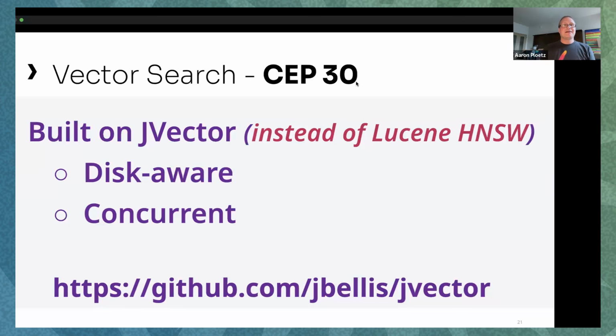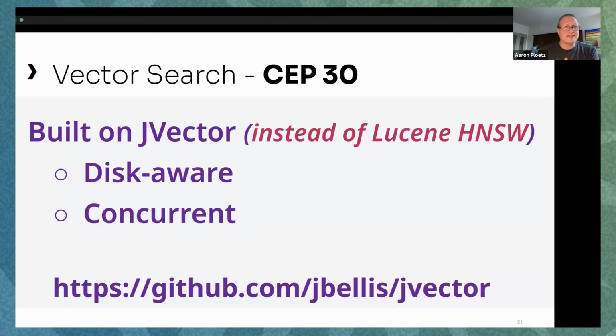All right. So also worth noting about vector search is there's been some discussion on bringing in JVector as a dependency to anchor that implementation, trying to get away from the Lucene HNSW. Using JVector instead is going to give us a disk-aware approach that allows us to use it concurrently.